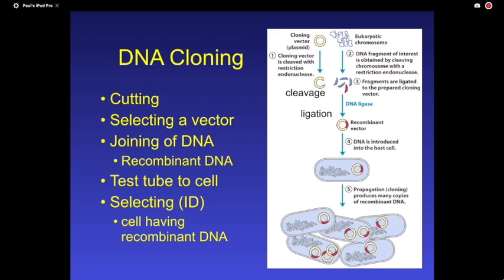What in the world is that? Do you know what a restriction endonuclease is? It's going to cut DNA. Does that seem like a protein that is good for you? A protein that cuts DNA?